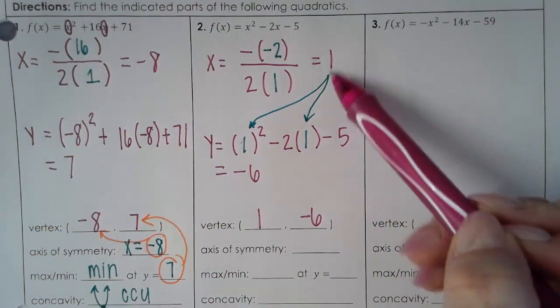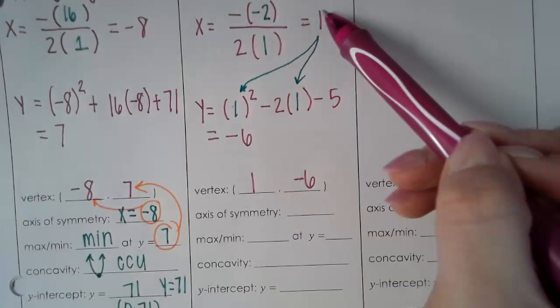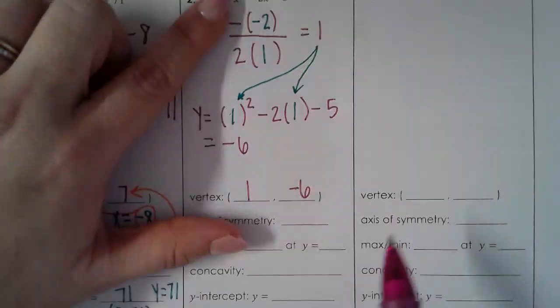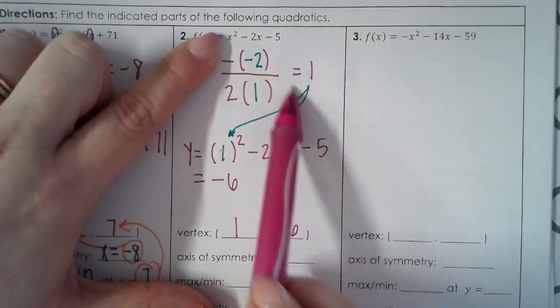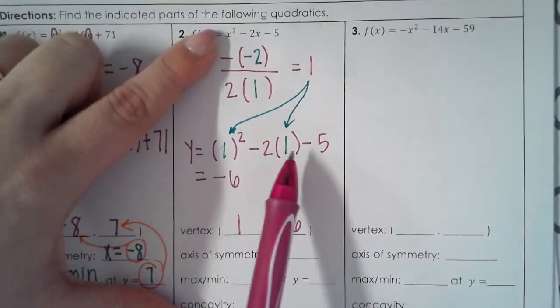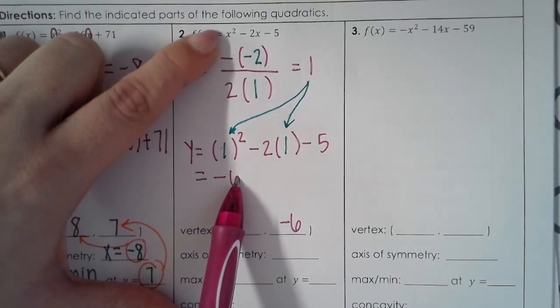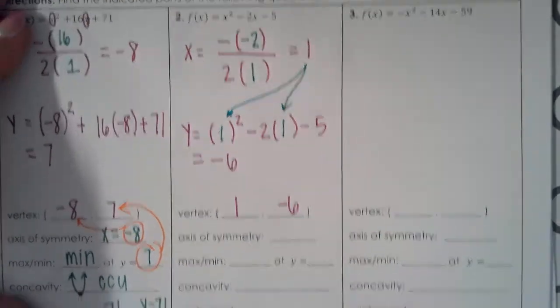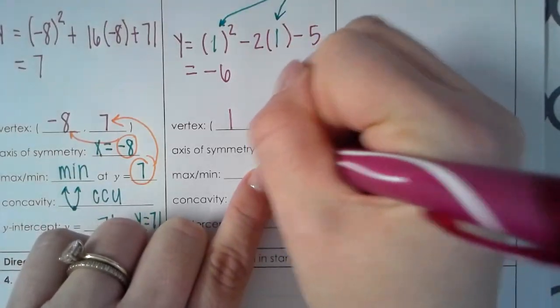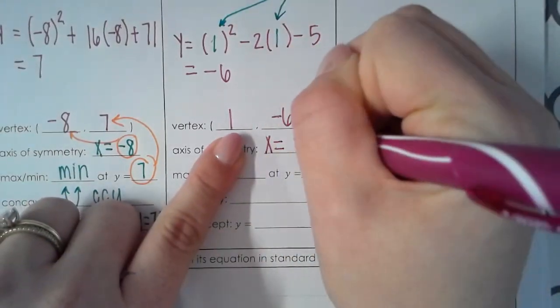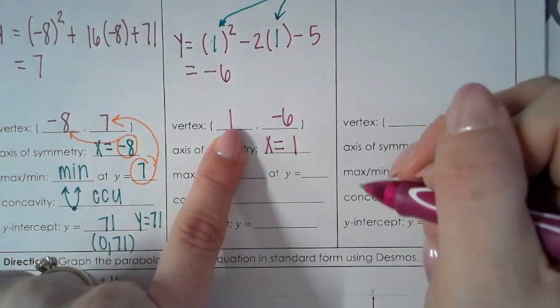So that equals 1. And then to find the y value of the vertex, I went back to my equation, and I replaced each x with this 1 in parentheses. And that got -6. From there, our axis of symmetry is x equals the x value of the vertex, which is 1.